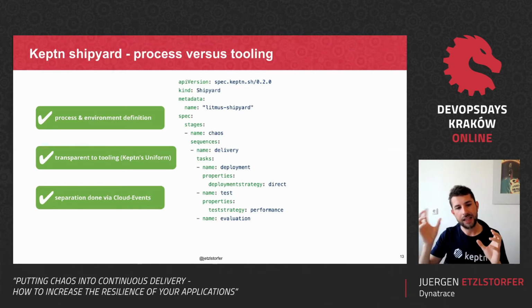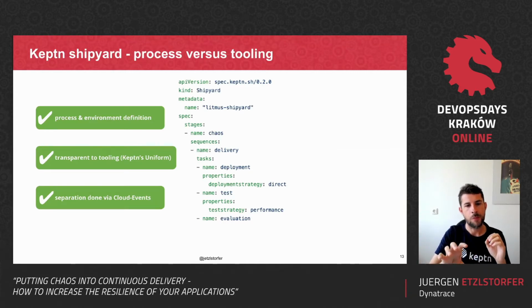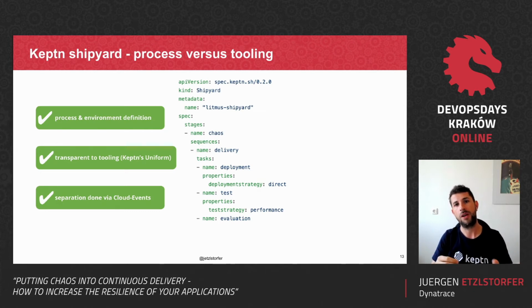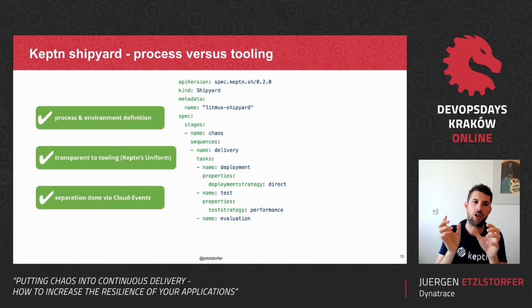Taking a look at a continuous delivery or delivery pipeline would mean taking a look at thousands of lines of code, because usually they grow and grow and grow. You include more and more tooling in them. But with Keptn, it's a little bit different. We separated the actual tooling from the process.